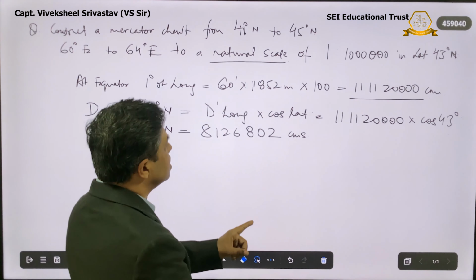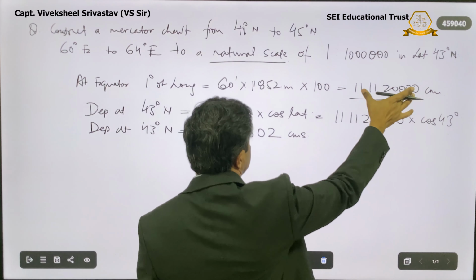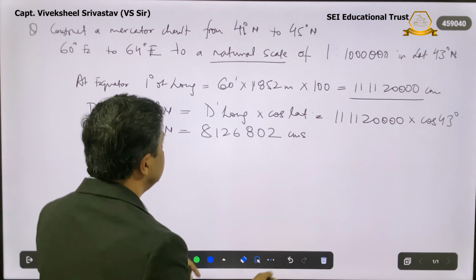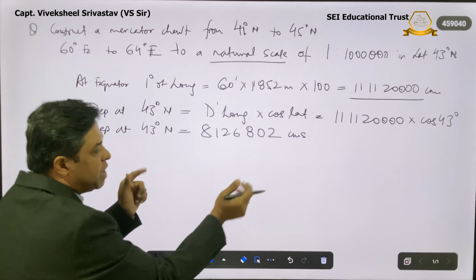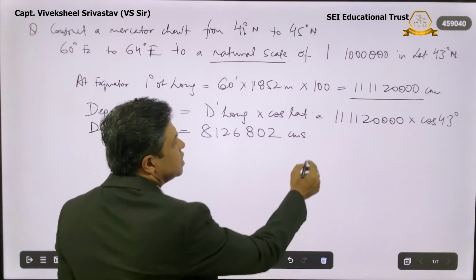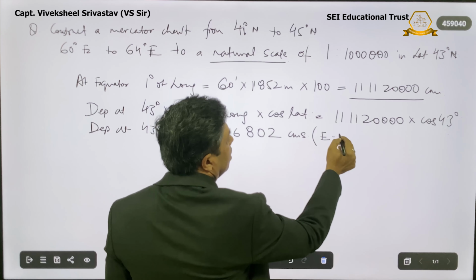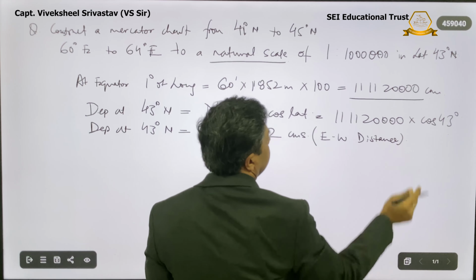So the distance between the meridians at the equator was this many centimeters. The distance between the meridians at 43 degrees north is this many centimeters, which is the departure. So now this is the east-west distance. Right?